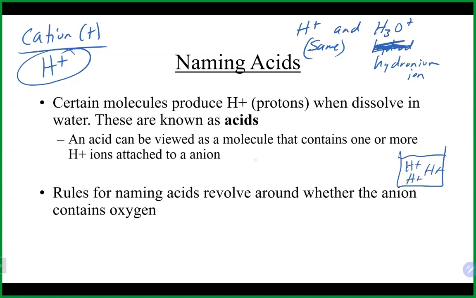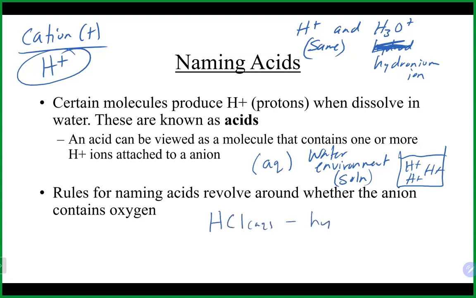And because of that, acids, when you write the formulas, should typically have aqueous next to it. And aqueous means water environment, that's a solution. So typically when you write the formulas for your acid, you do want to put that little aqueous symbol next to it. For example, if you had something like HCl that's aqueous, that is hydrochloric acid.